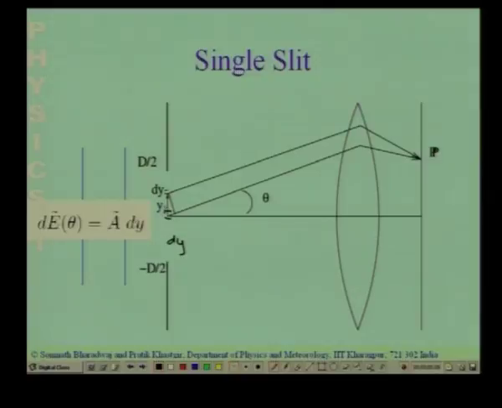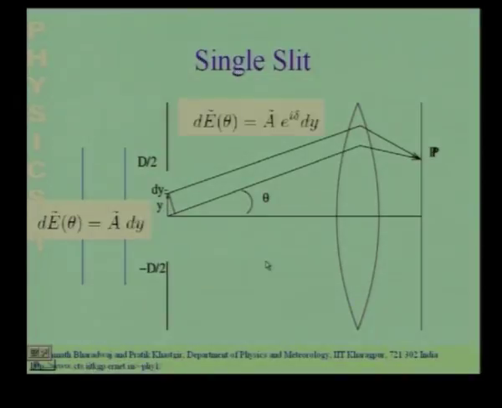Now, let us ask the same question for a line element dy which is displaced from the center by an amount y. How much is the contribution from a line element dy located at a distance y from the center? What you will realize is that the contribution from this displaced line element leaves the source at exactly the same phase as the contribution from the line element dy at the origin, but by the time it reaches the point P, it picks up a phase difference.